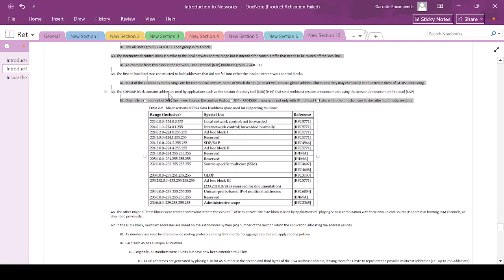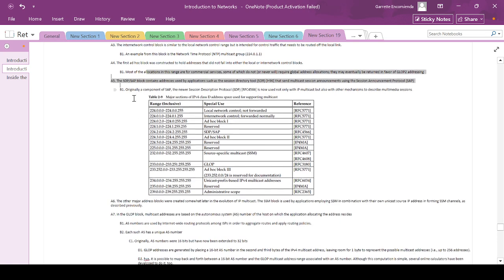They created this ad hoc block. Most of the allocations in this range are for commercial services, some of which do not or never will require global address allocations. They may eventually be returned in favor of GLOP addressing, which we're going to discuss later.